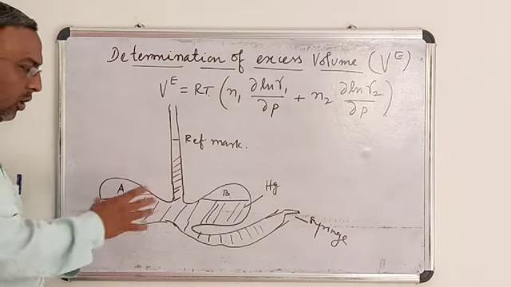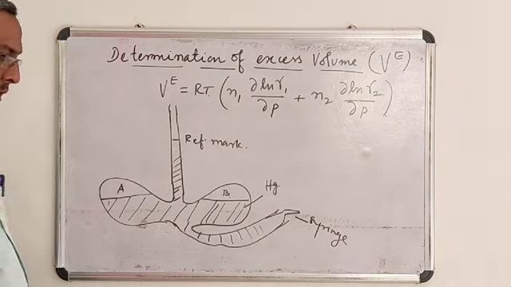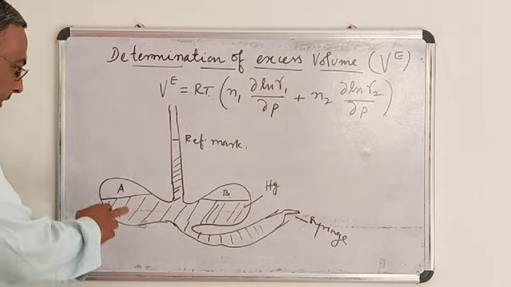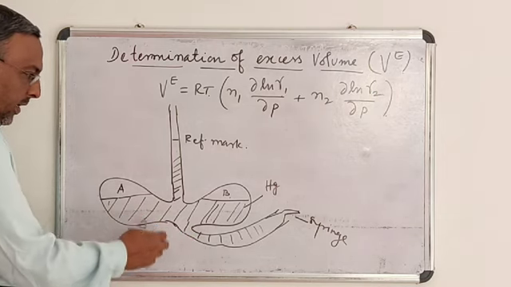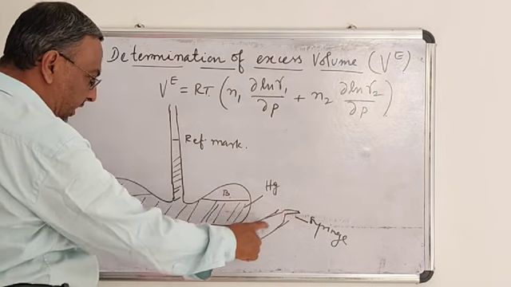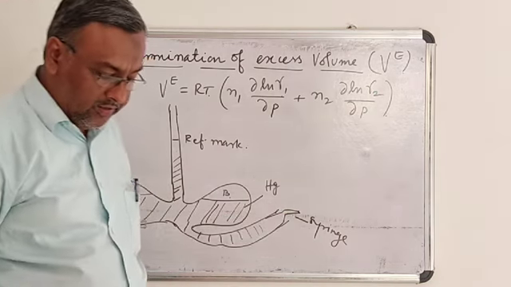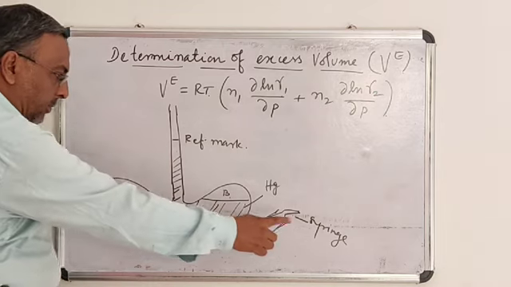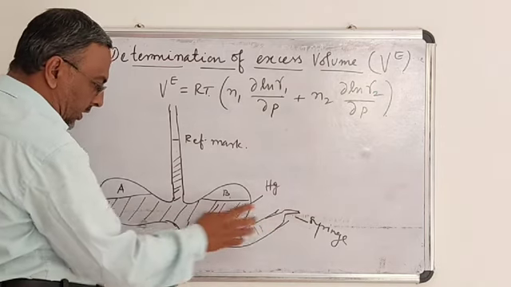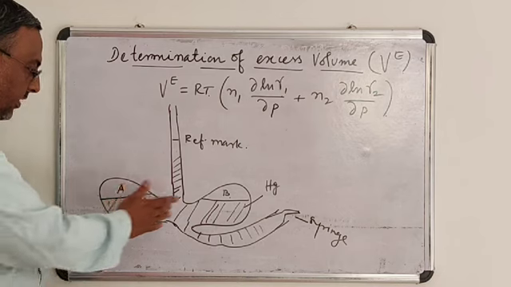In this instrument called dilatometer, the two solutions are taken in the two glass tubes A and B. The solutions are inserted by means of a syringe. This is completely filled with mercury.